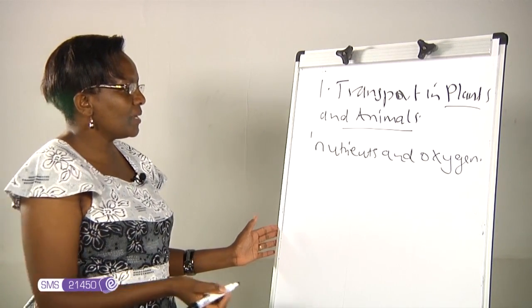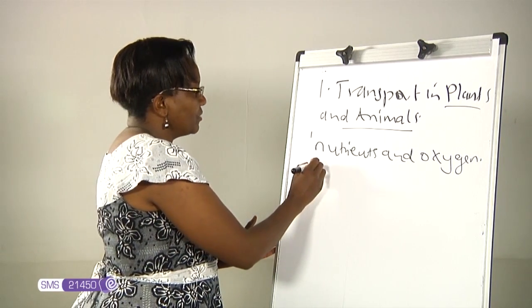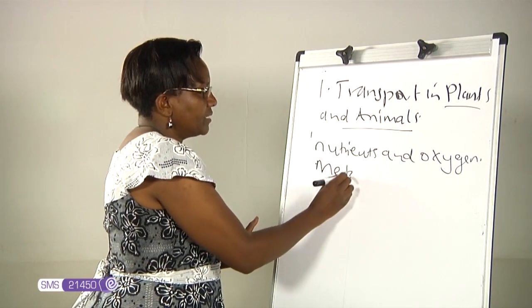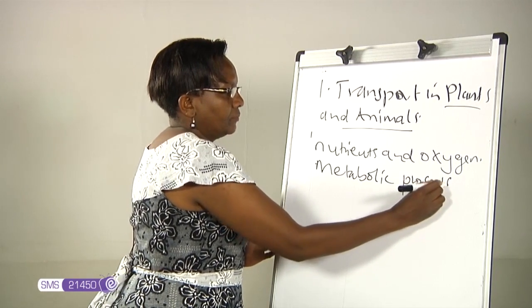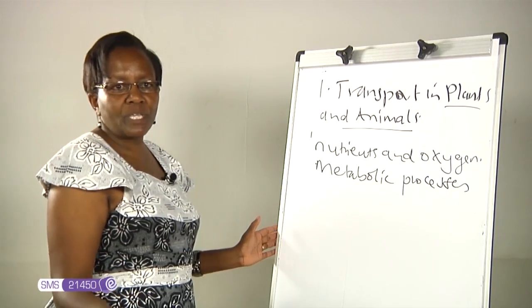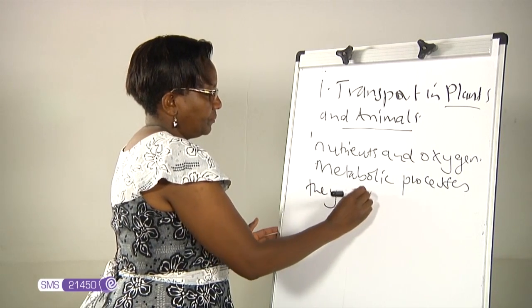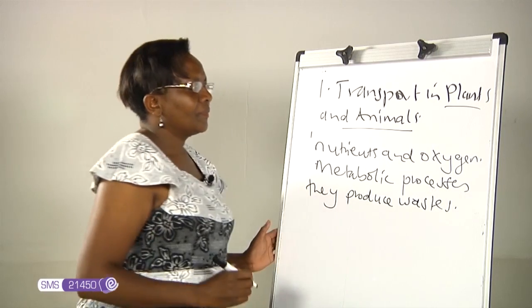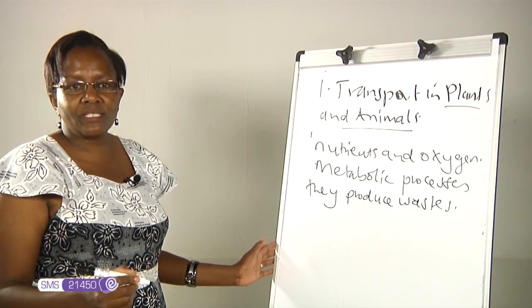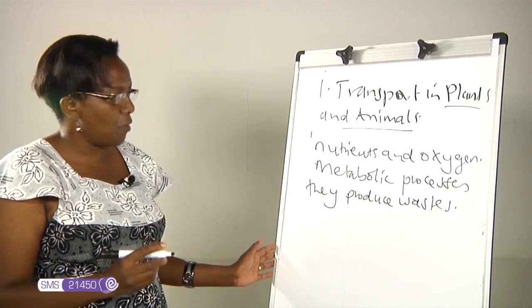At the same time, when they use these nutrients and the oxygen to carry out metabolic processes, they produce wastes. Meaning that these wastes have to be removed as fast as they are formed.